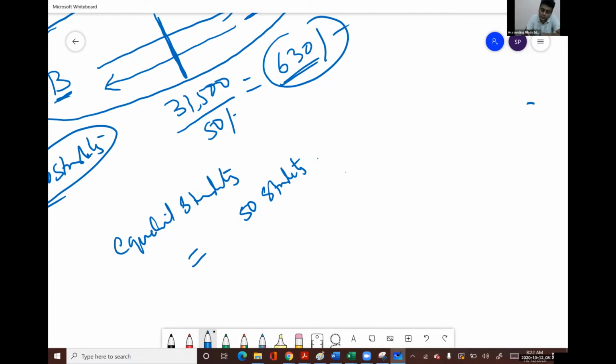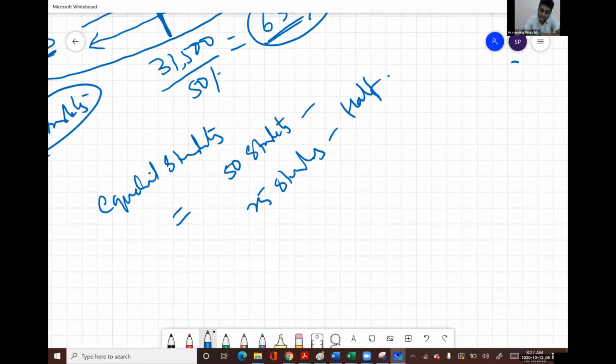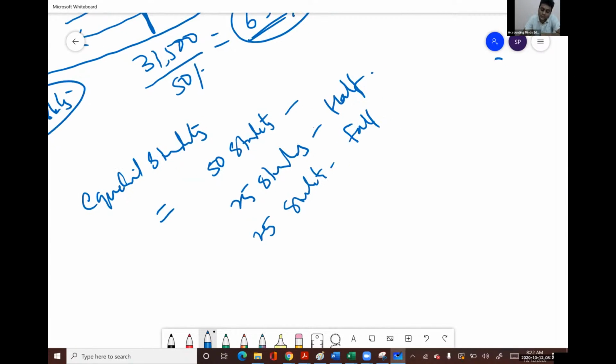So 25 students are traveling half, and the other 25 are completing the trip, full. Now, what is the equivalent number of students?